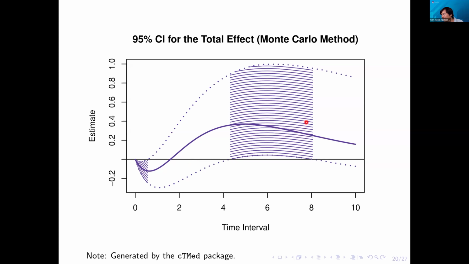So how do we interpret this? For time intervals around, let's say, 0.7, we have significant results until that time. But from 0.7 up to, let's say, 4.2, it's not significantly different from 0.